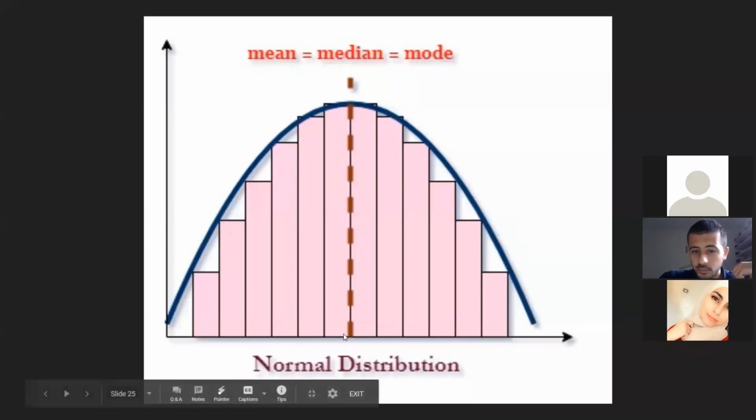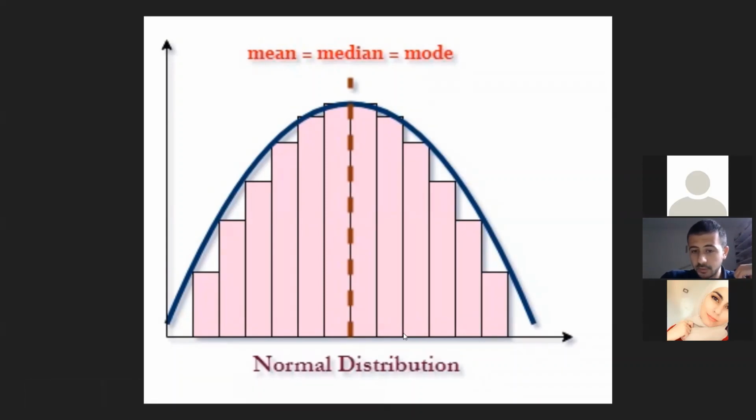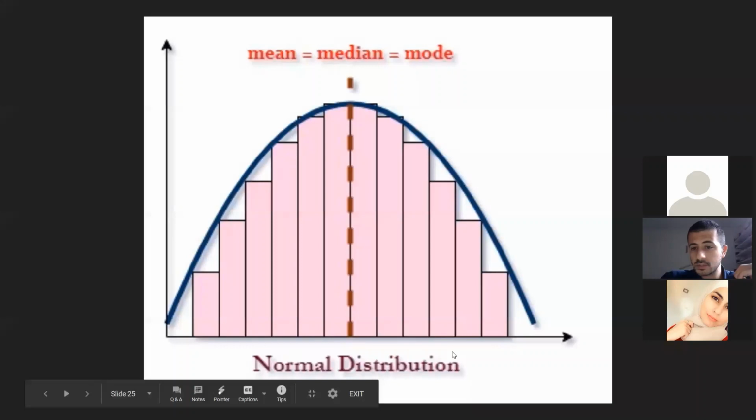Because if I have the 50% of participants from here to here, the variance is quite lower than if I have those from here to here, although the range is still the same.